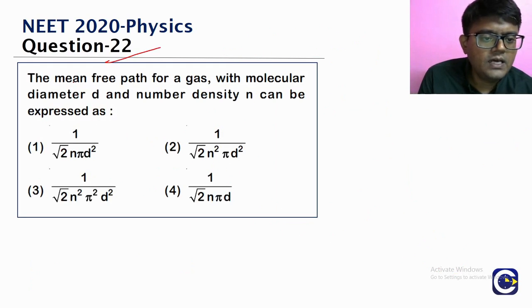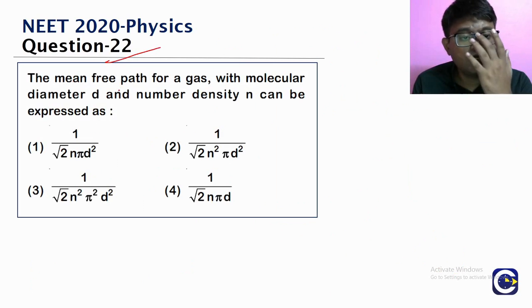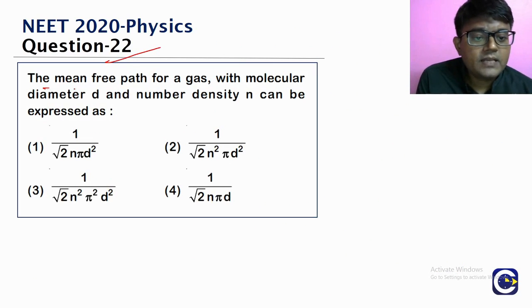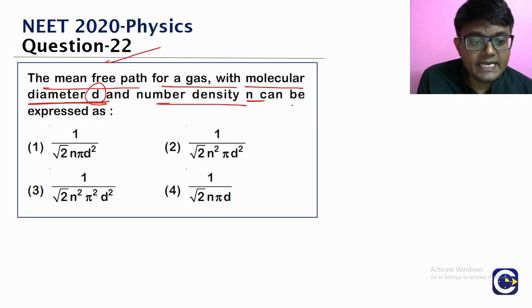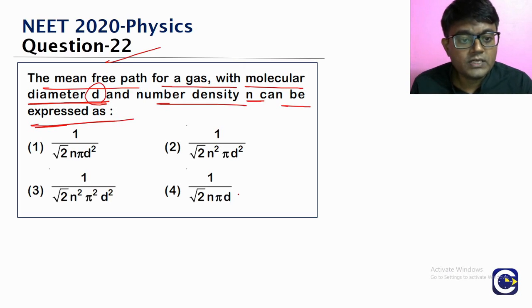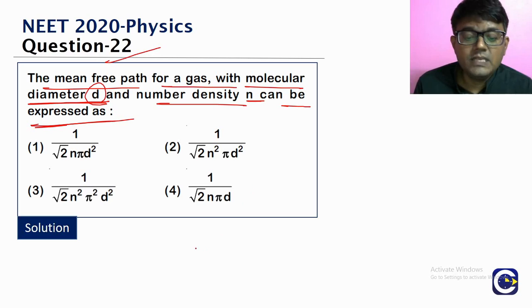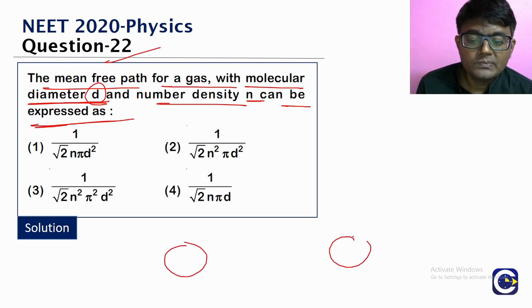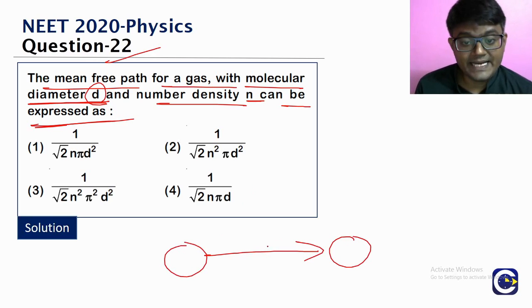Next, we have a theoretical question from the states of matter chapter. The mean free path of a gas with molecular diameter d and number density n can be expressed as. So this is a formula for what? The mean free path. What is mean free path? If you have a molecule, from one collision to another collision it will be traveling in a straight line.